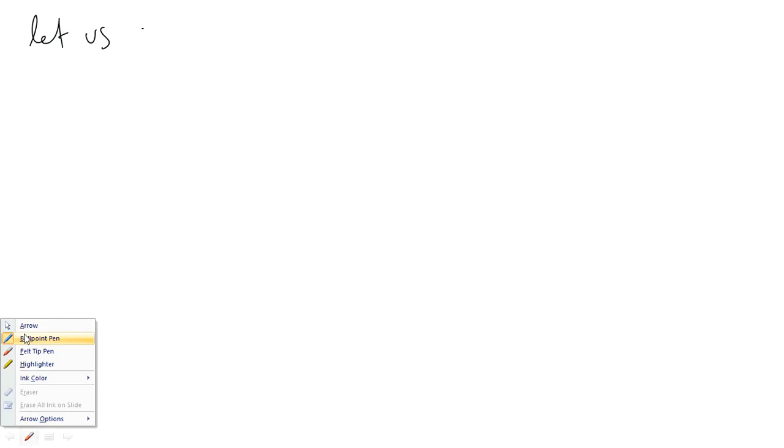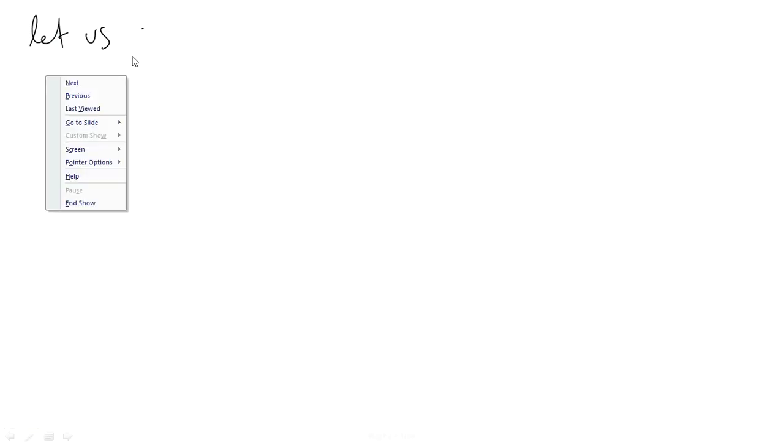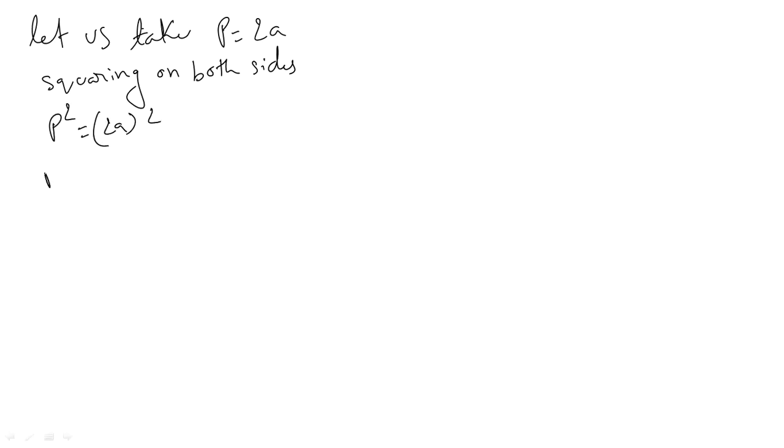Now let us take p is equal to 2a, squaring on both sides. p square is equal to 2a whole square, so p square is equal to 4a square.